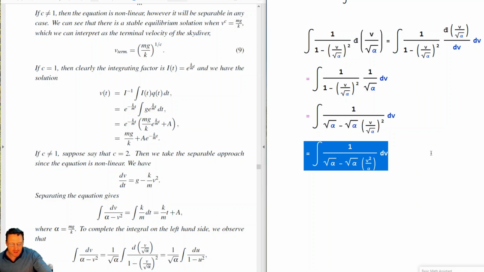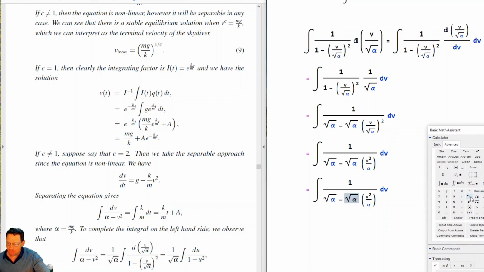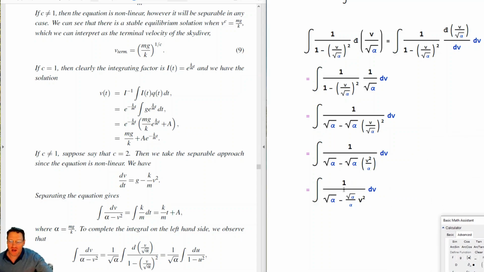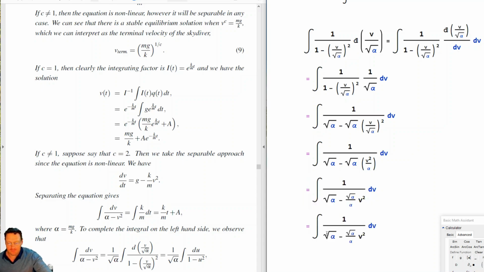And now what we want to do is simplify the product of root alpha and 1 over alpha, which gives us 1 over root alpha when we simplify that.